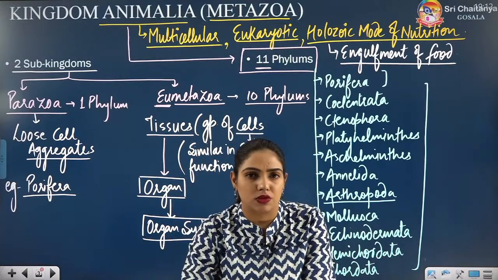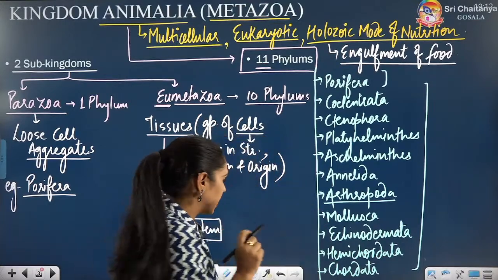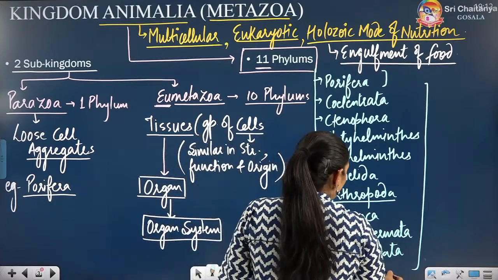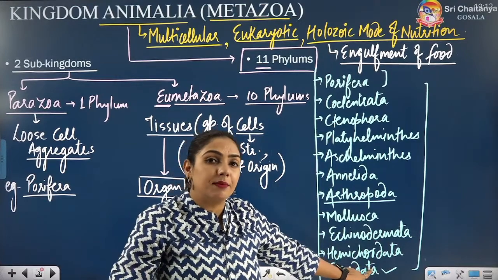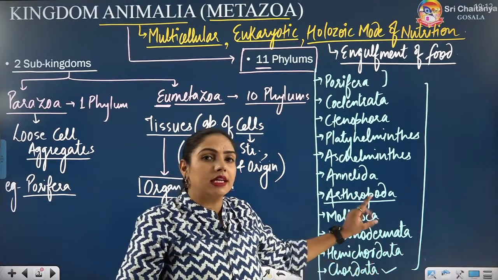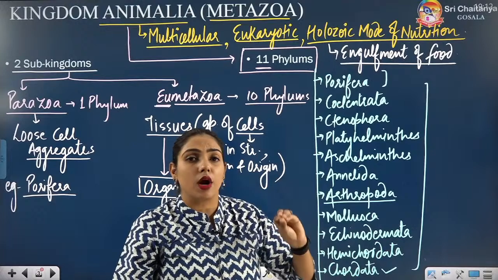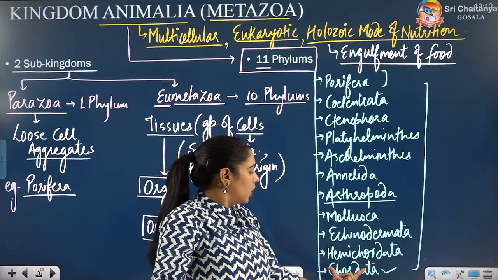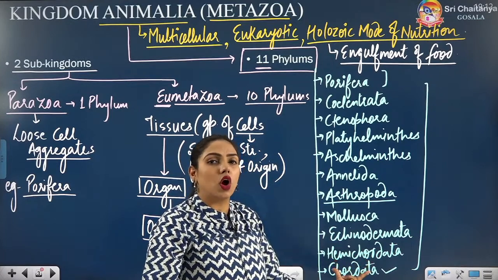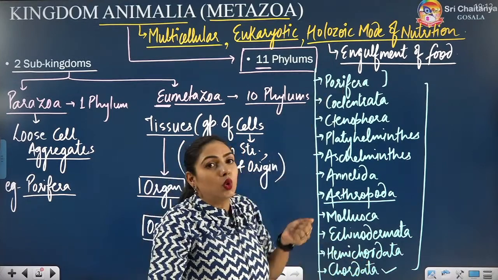Alright. Now another thing, if we talk about Chordata, I will tell you why they are named Chordata. It is because of the presence of a very important structure in them, that is notochord. So chordates have notochord, and the rest of the phylums don't have notochord.